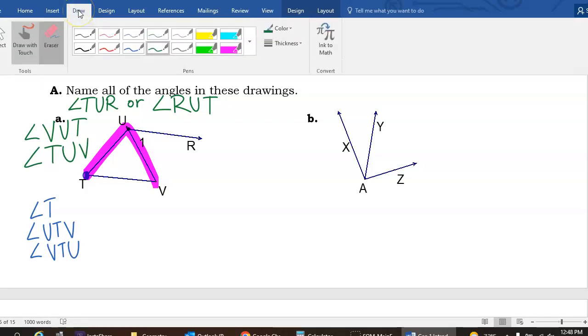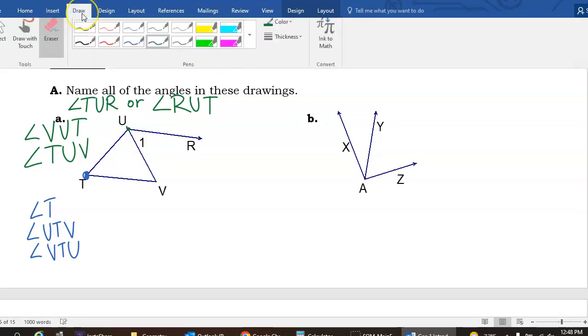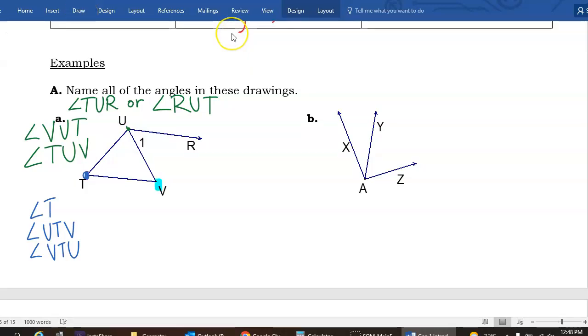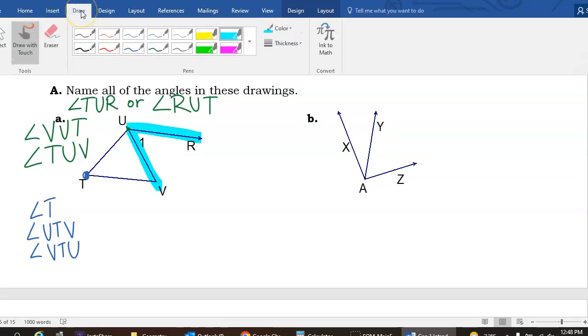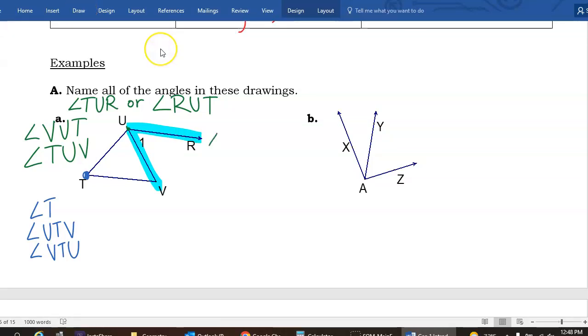And then one more angle that has U as a vertex would be this one right here. So let's call that angle RUV, or we can call it angle VUR.